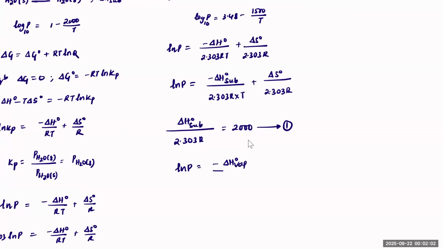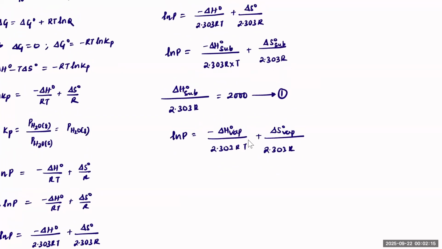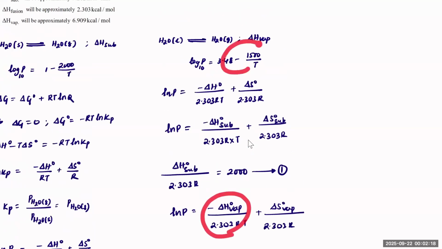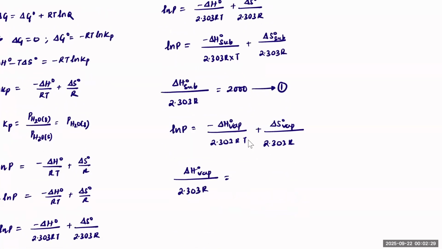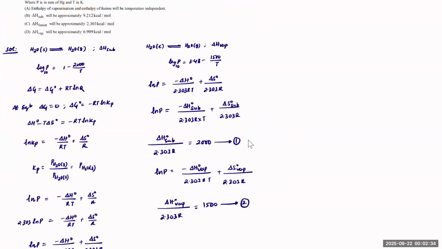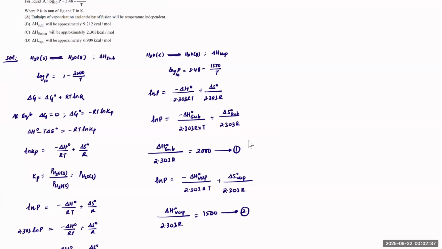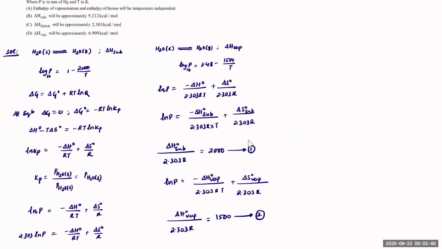So this is delta H naught of vaporization by 2.303 RT plus delta S naught of vaporization by 2.303 R. Now, if I compare this with the given equation here, I would get delta H naught of vaporization by 2.303 R equal to 1500. So two equations, two unknowns. That's what we need to calculate: what is the delta H of sublimation and what is the delta H of vaporization?